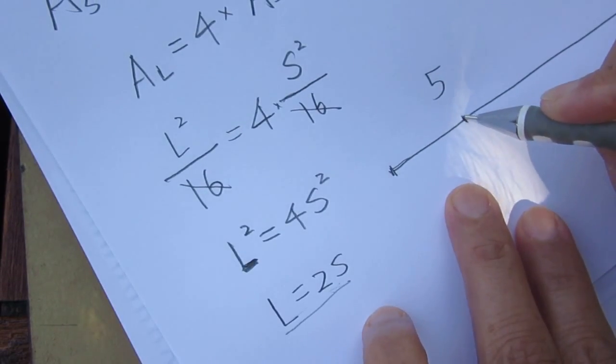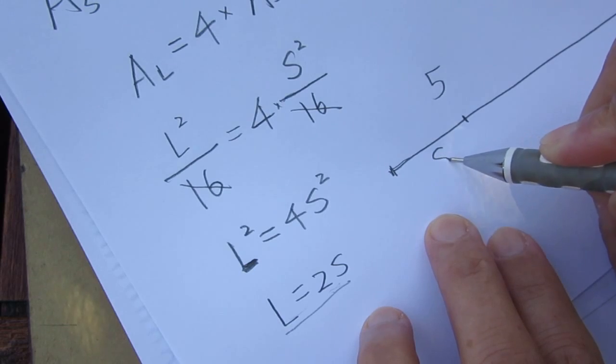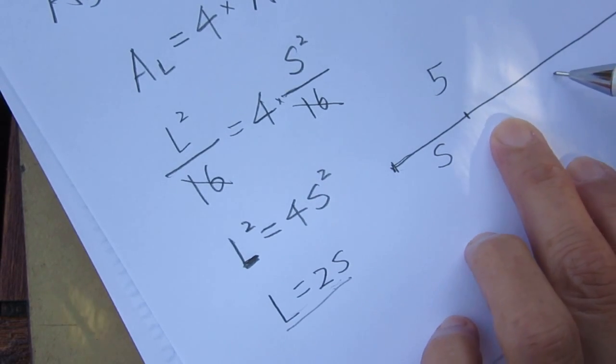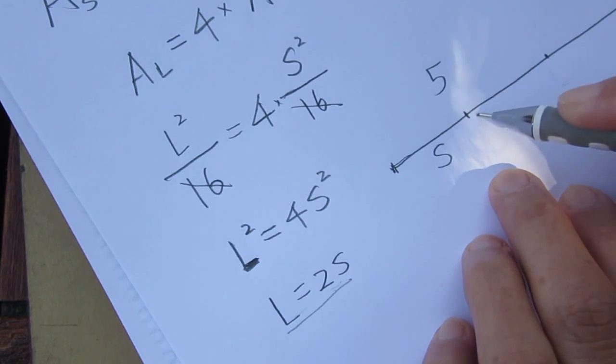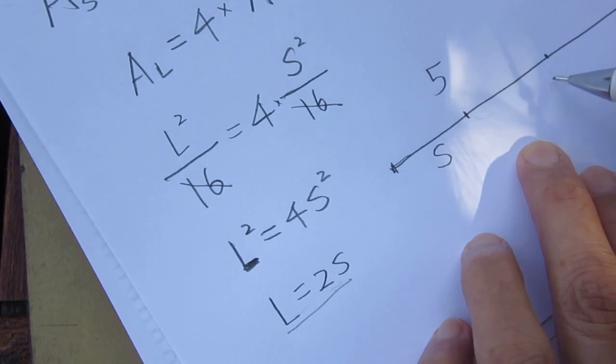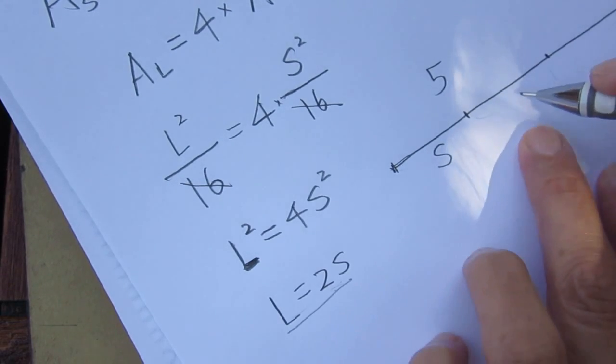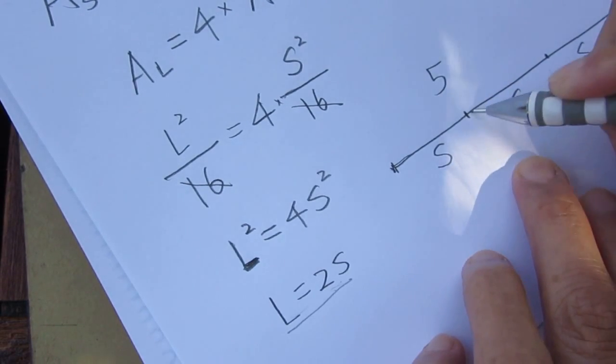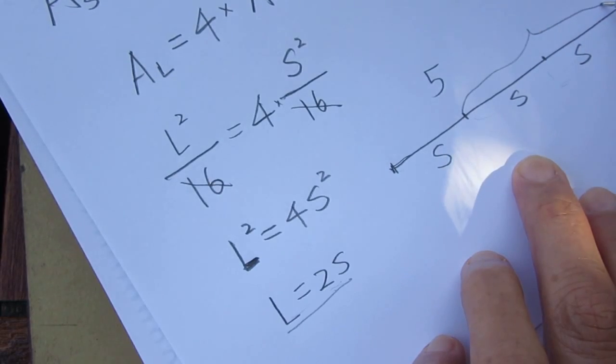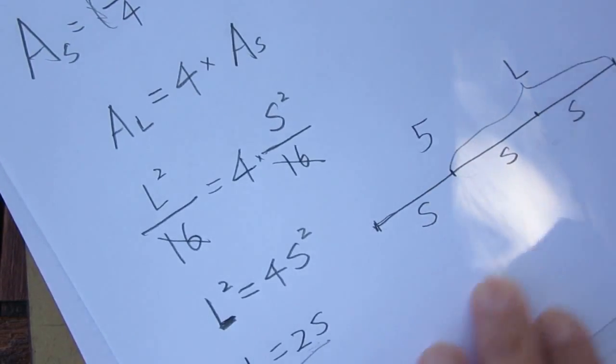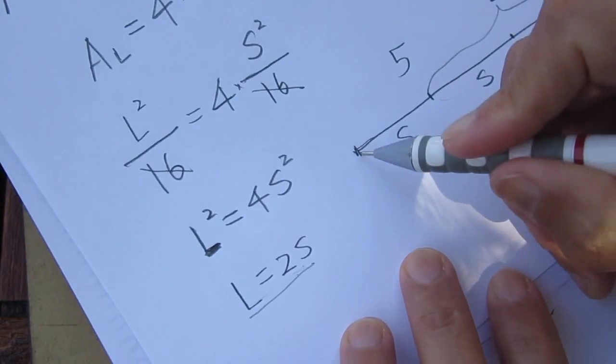We can establish this is the small s, and this is the long one. The long one equals 2s, so it's 3 parts: s, 2s, 3s in total, because 2s equals L.